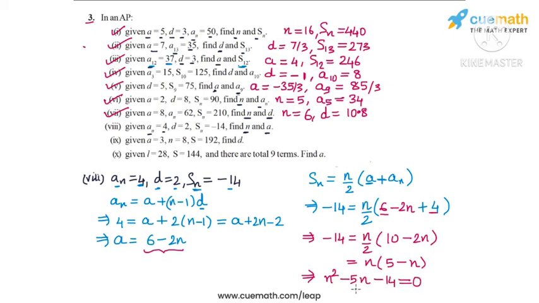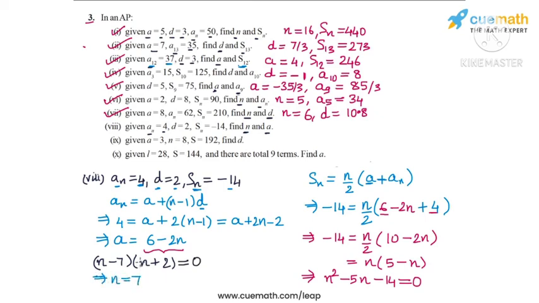If you observe this quadratic expression on the LHS, it's quite easy to factorize. It can be factorized as n minus 7 times n plus 2. So the quadratic equation is n minus 7 times n plus 2 is equal to 0, and the only valid root is n equal to 7.